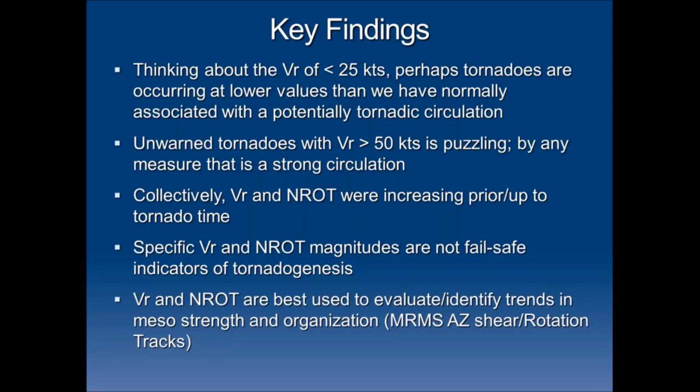We're seeing tornadoes that occur with a wide range of values. So VSABAR and normalized rotation are best used to evaluate and identify trends in the mesocyclone or mesovortex strength and organization. Another product that can also help in that assessment is the multi-radar, multi-sensor azimuthal shear and rotation tracks.